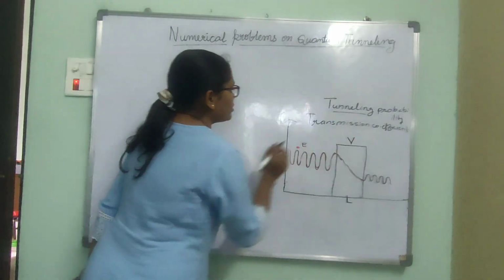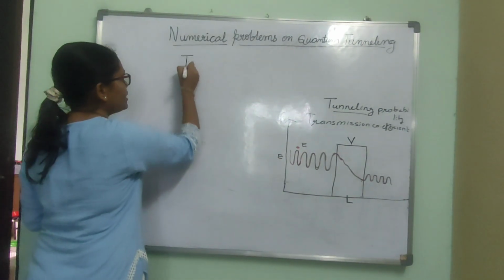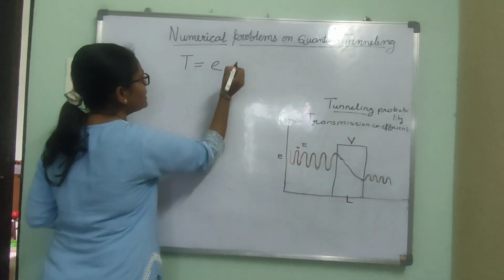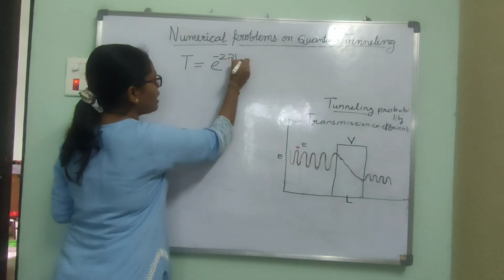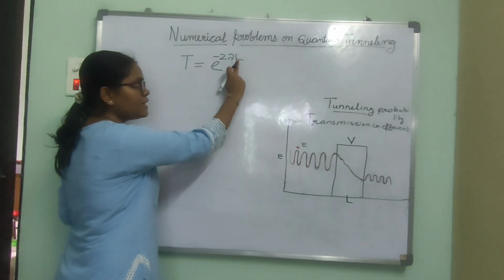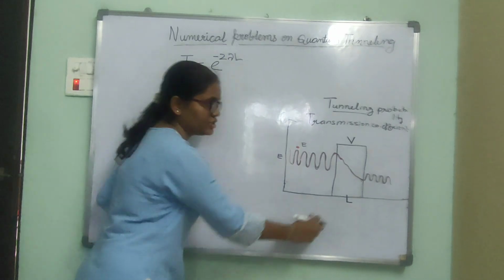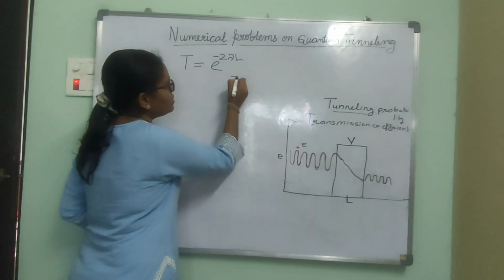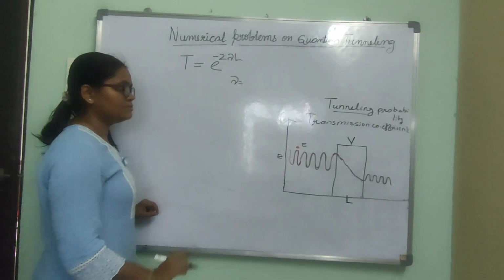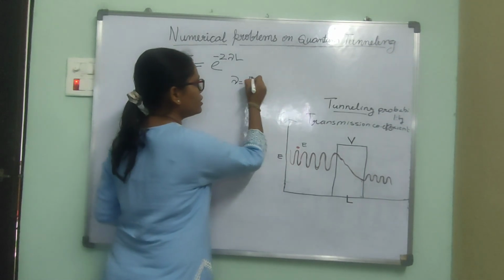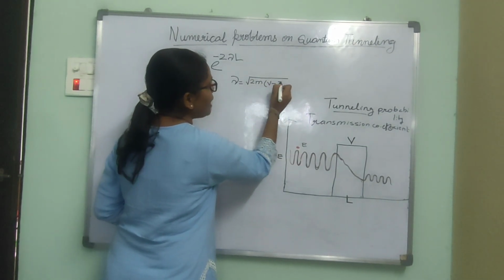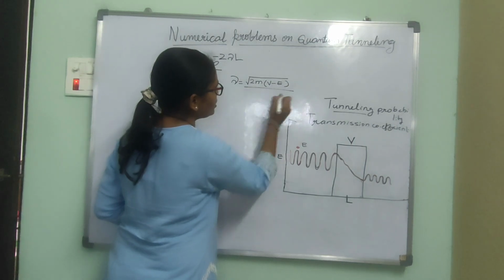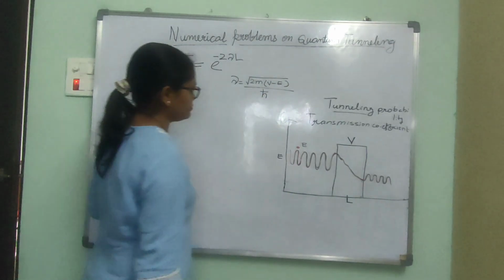This tunneling probability is given by the formula T is equal to e power minus 2 gamma L. Here L is the width of the potential energy barrier, and gamma, which is called the decay factor, is given by root of 2m (V minus E) over h cross.